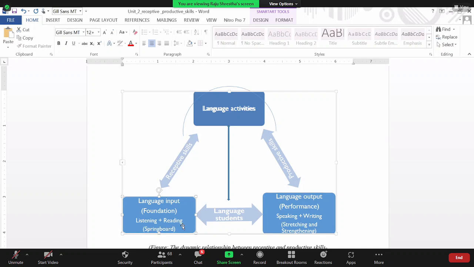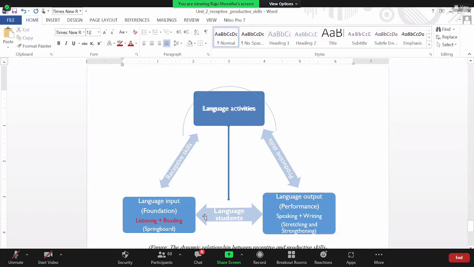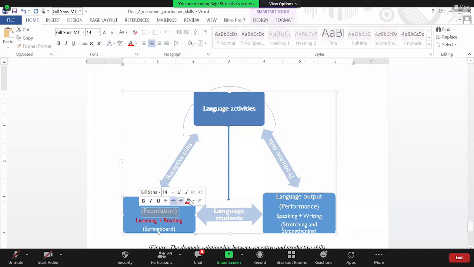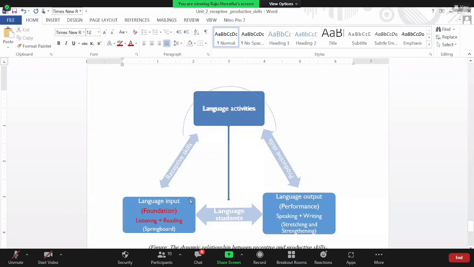And when we read, we look at words and sentences, pick up some information, and update and upgrade our knowledge. So these two skills are the receptive language skills. These receptive language skills are important for the development of the foundation of language learning.